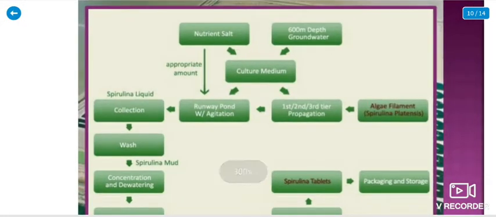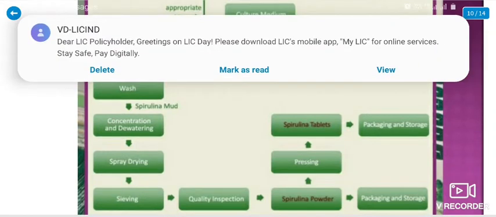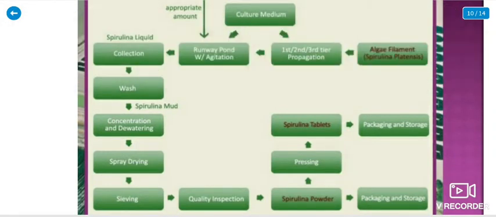Actually, the spirulina liquid medium is collected, then washed to remove the mud, then concentration and dewatering, spray drying and sieving, and quality inspection. Spirulina powder is sometimes pressed into spirulina tablets.